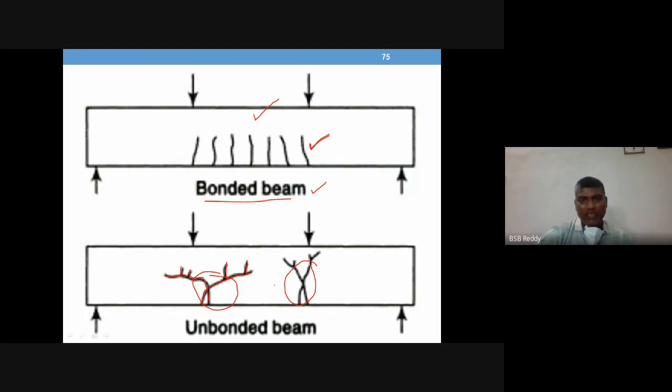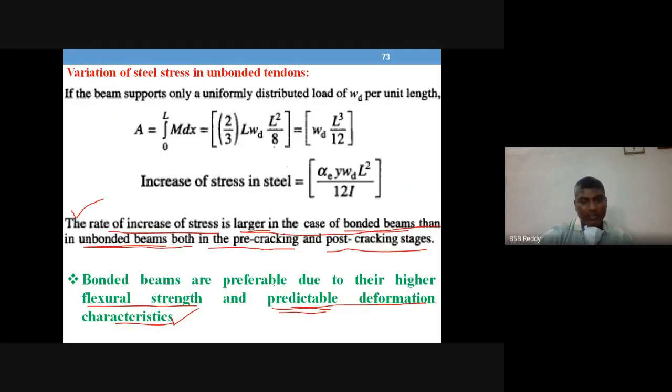Okay. So bonded beams are preferable when you talk about higher flexural strength and deformation characteristics. Means what? At least you shall have pretensioned members, or anyhow pretension members have limited application.